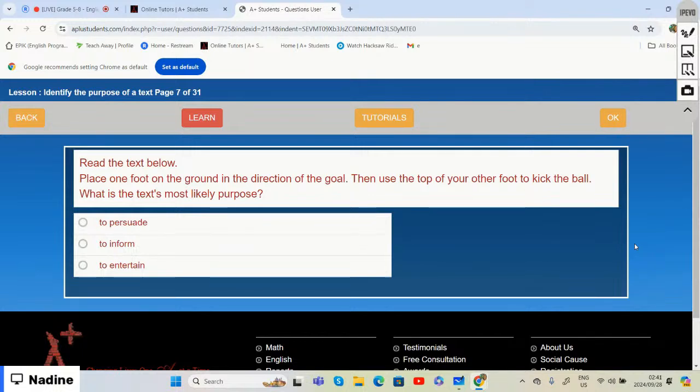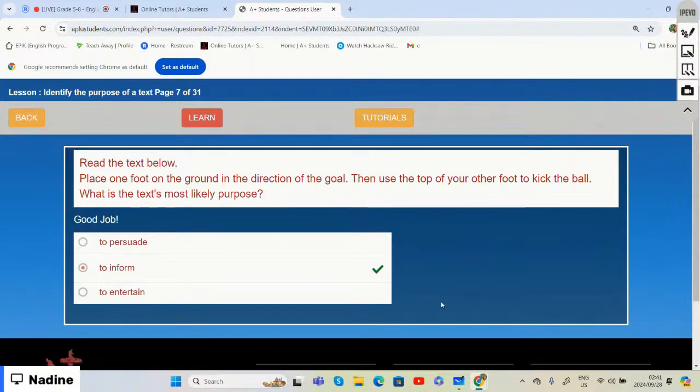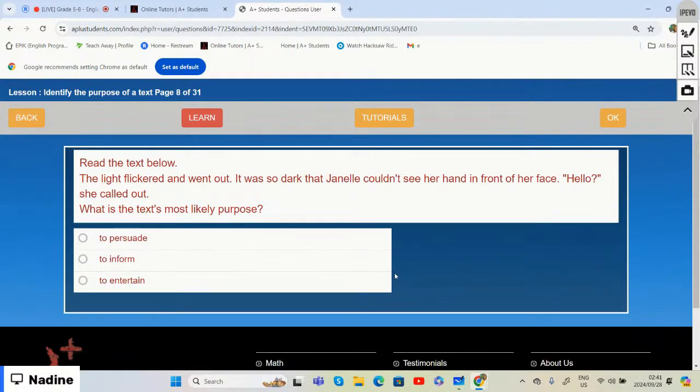And if we were to choose the purpose, then we can say it is to inform readers on what to do. So inform is correct. Well done.